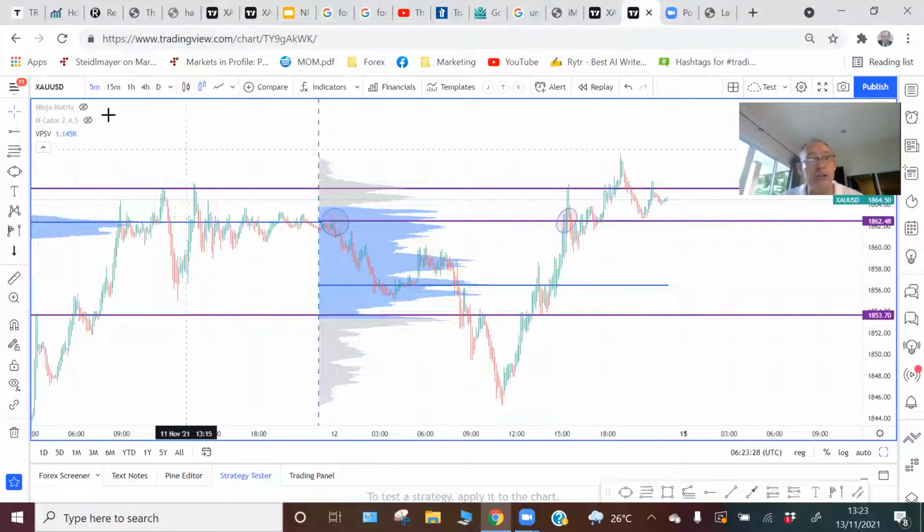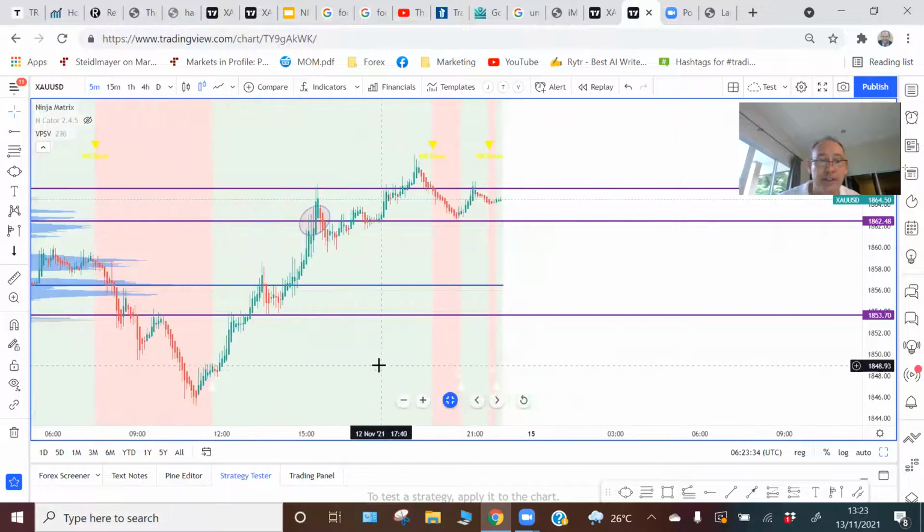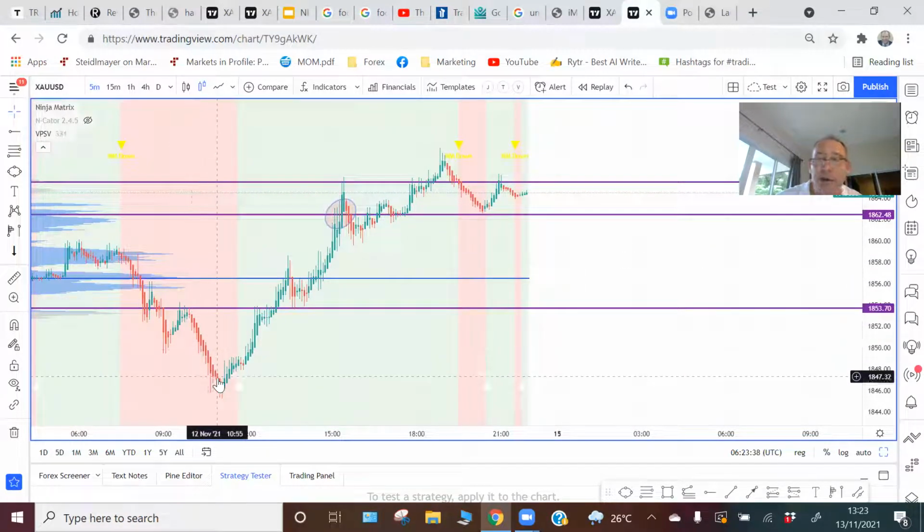I then introduced the Ninja matrix, and you can see how powerful this is, because when it's a red zone, the price goes down and we take a sell. And if it's a green zone, it's a buy, and we take a buy. It doesn't get any easier than that.